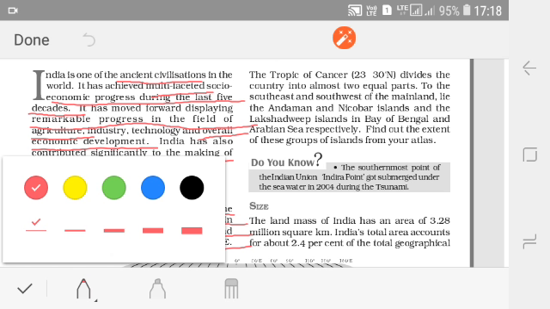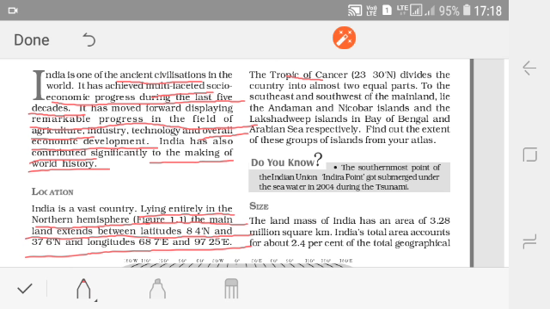There are many important latitudes, like the Tropic of Cancer. It lies at 23 degree and 30 minute north. This is running in India, almost through the middle part of India.